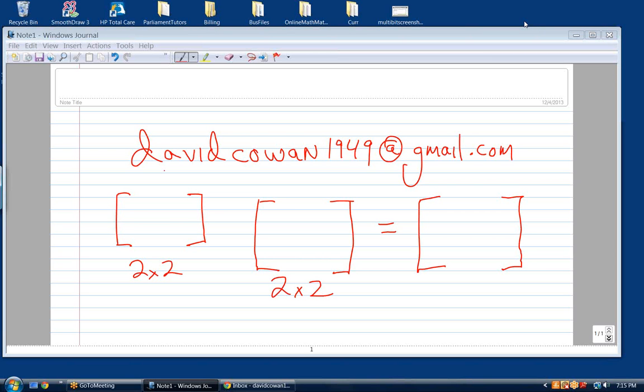You get up to 10 or 11 equations, it's very, very time consuming. Matrix algebra gives you a way of solving lots of equations and lots of unknowns all at the same time. Part of it involves using that unity matrix, but you haven't got to that part yet.